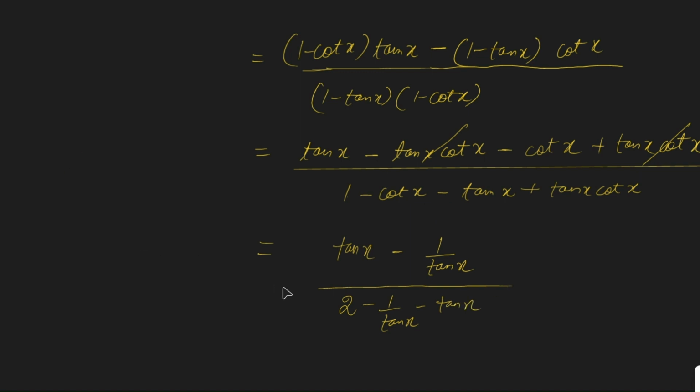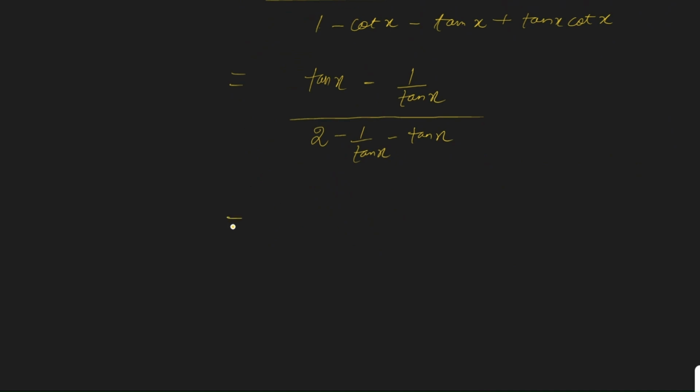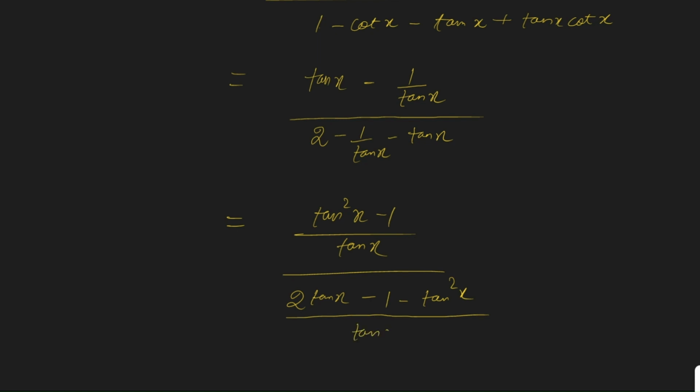So I'll be taking the LCM one more time in the numerator and in the denominator. So if I take in the numerator, I'll get tan square x minus 1 over tan x, and in the denominator I'll get 2 tan x minus 1 minus tan square x over tan x.